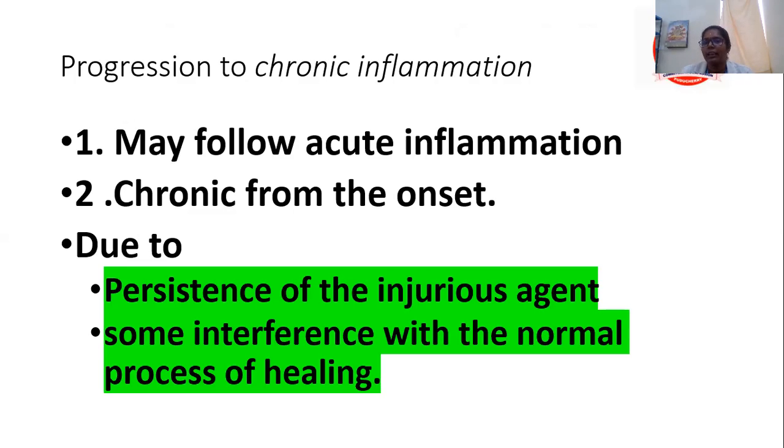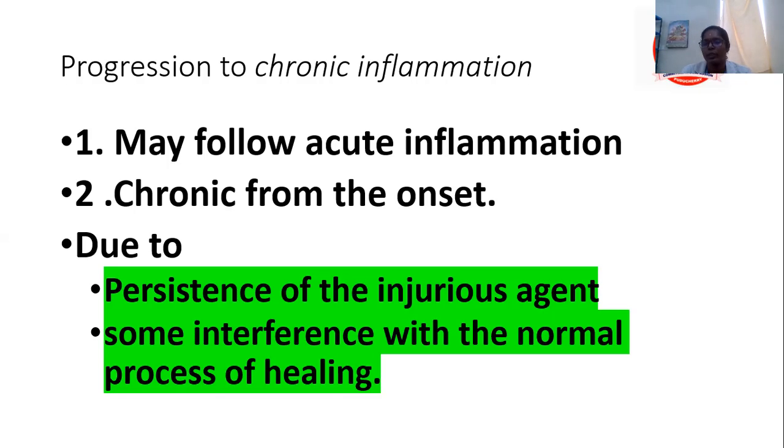And the next thing is that it can finally go on to chronic inflammation, right? When do we have this chronic inflammation? If the injurious agent is persistent in our body and it goes beyond 2 weeks, then it can go on to chronic inflammation, or any interference factors that inhibit the process of healing will also lead to progression to chronic inflammation.